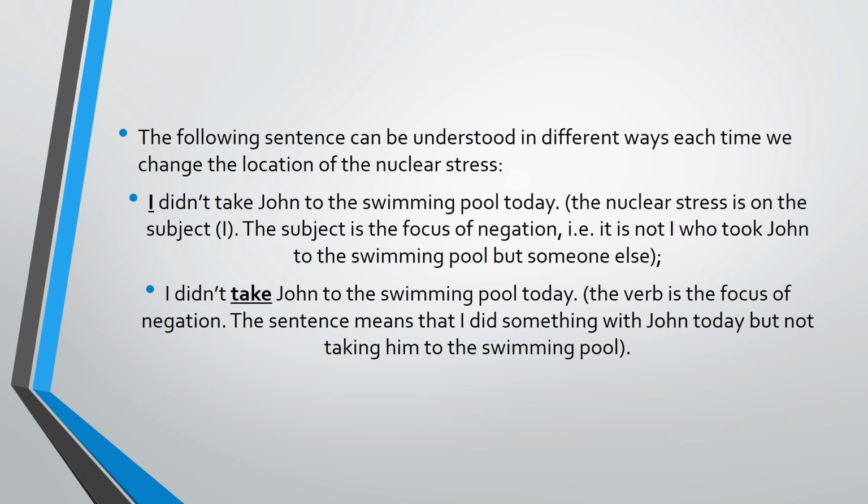Is it clear? So you see here, focus of negation means that, or it is related to what? To the placement of stress. If you are putting this stress on a particular word in the sentence, this means that you are negating this word in particular, while the other parts of the sentence are going to be understood in their positive meaning.